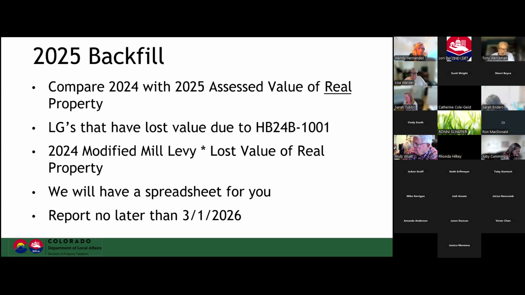So you're going to have to extract, when you're filling out the spreadsheet, all your personal property values. Okay. We're going to have a spreadsheet for you. We don't have it yet, but we have some time. And again, you're going to report it no later than March 1st of 2026.